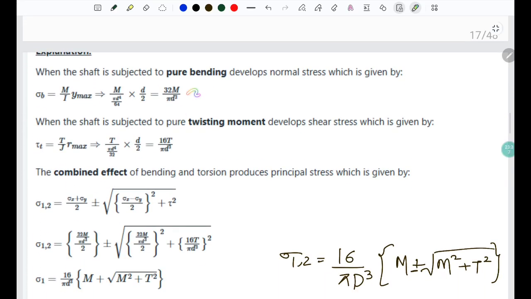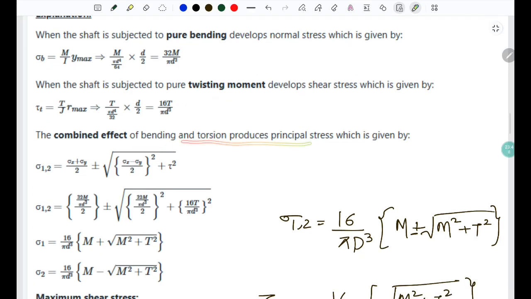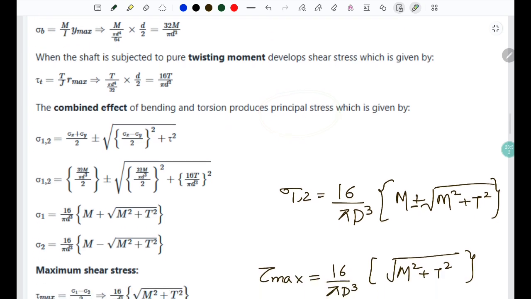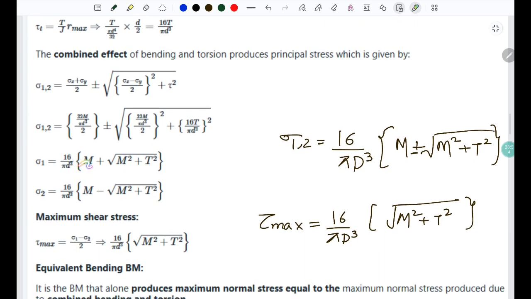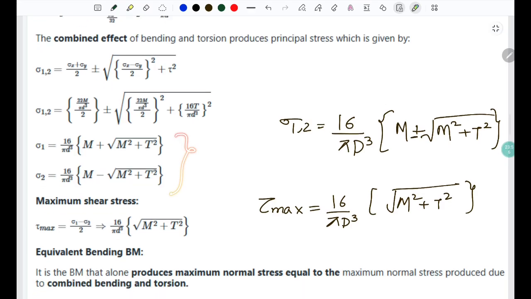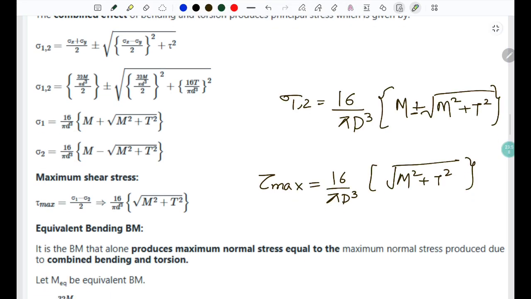As you can see, sigma b comes out to be in pure bending as 32 m by pi d cubed. With pure twisting, we get maximum shear stress as 16t by pi d cubed. The combined effect is calculated and we find the principal stresses. Sigma 1 comes out to be this, sigma 2 comes out to be this, and tau max comes out to be this.